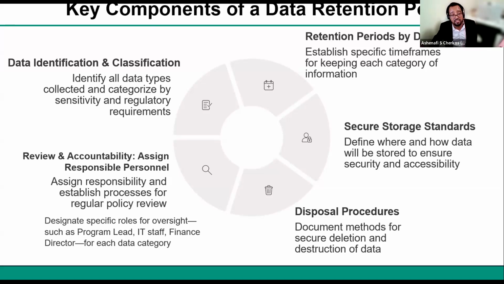Then we need to specify what disposal procedures we are going to follow in order to delete or destroy the data in the end. The next step is to assign responsibility or a responsible personnel for each activity and each data type. And the last one is to review our policy regularly. We are going to see them one by one here.